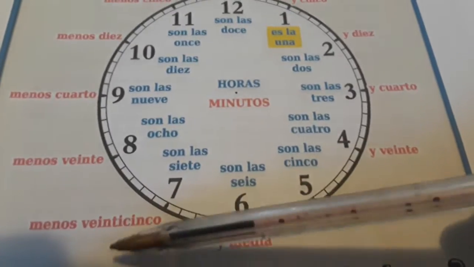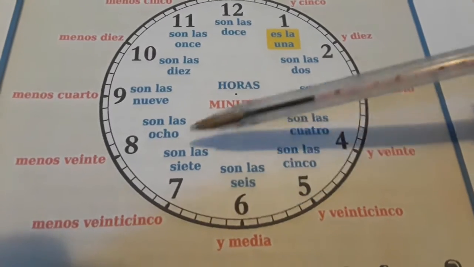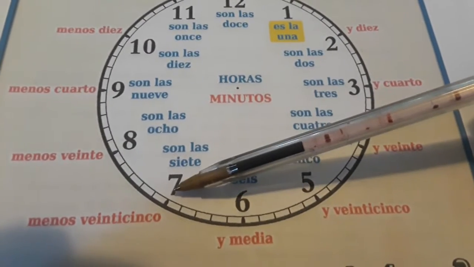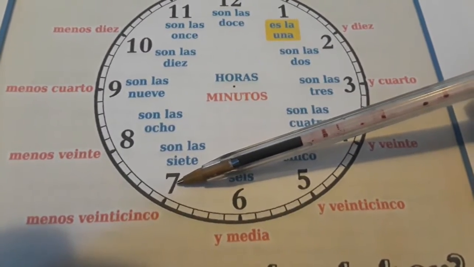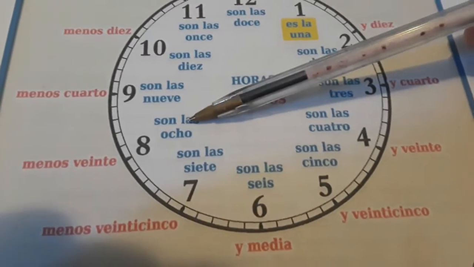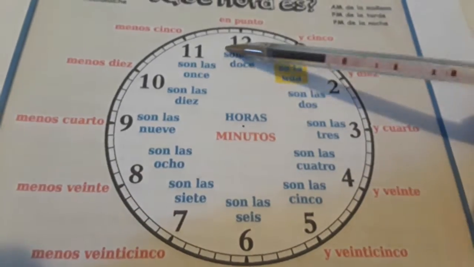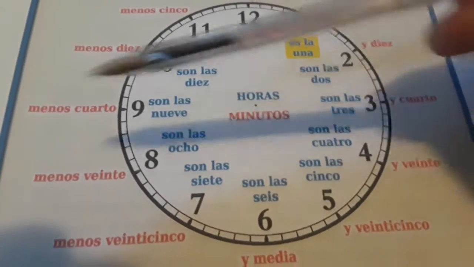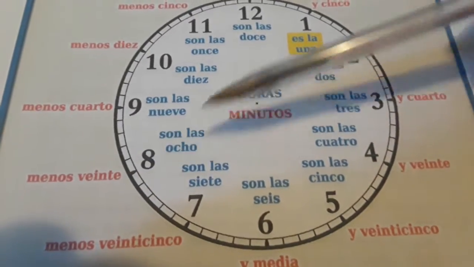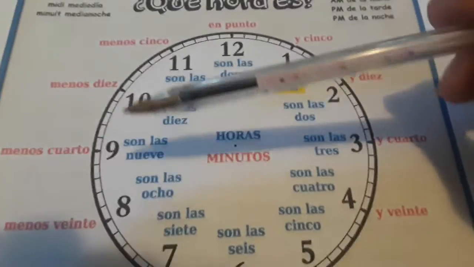So menos 25, that would be that one. Or this one's menos 20, that means it's 20 minutes to the next hour, right? Menos 20, or you could say las 1:40, because that's 40 minutes.